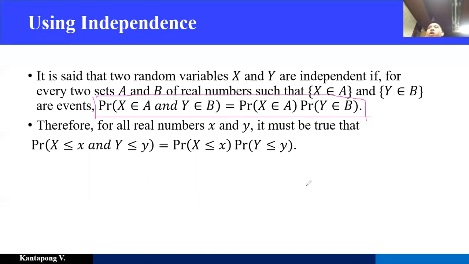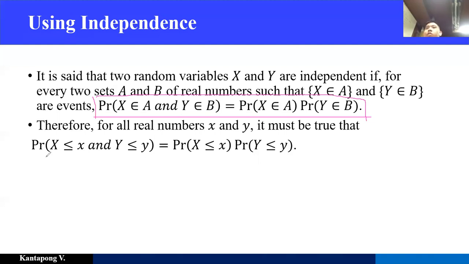But this is the version for random variables, because at the time we didn't define what a random variable is yet. So we could not write something like this, but now we can, because A and B are sets of real numbers.